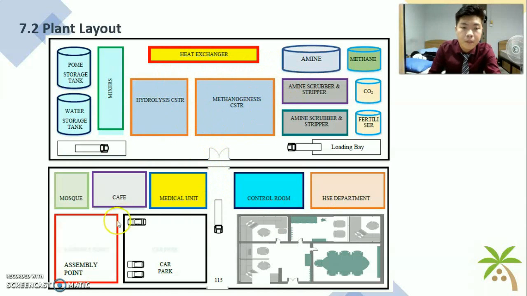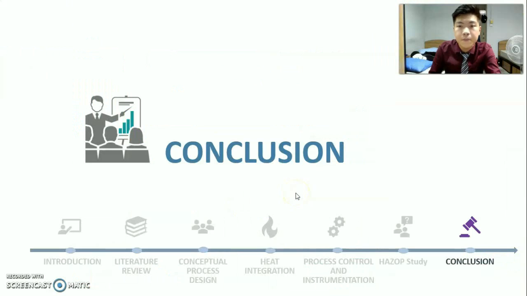While the assembly point is placed further away from the processing units, because when something happens, all the staff and personnel are expected to assemble at this point, which should be far away from the processing units, which means far away from the dangerous areas and any hazards. So that will be all from me. Thank you.